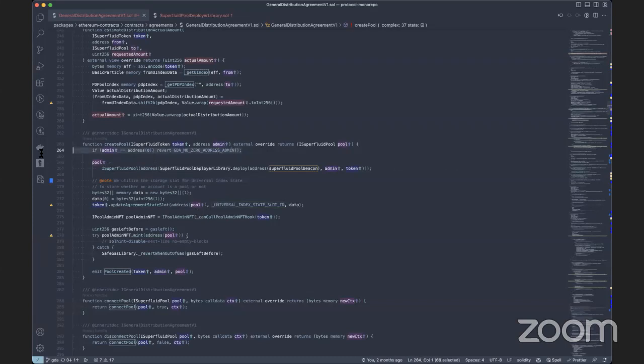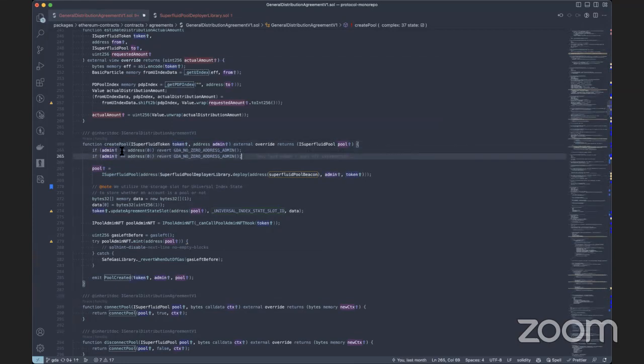I'm also checking for no zero address admin. Probably should also do a no zero address token check as well. I don't know what would happen if you did that, but I guess this would just revert immediately.